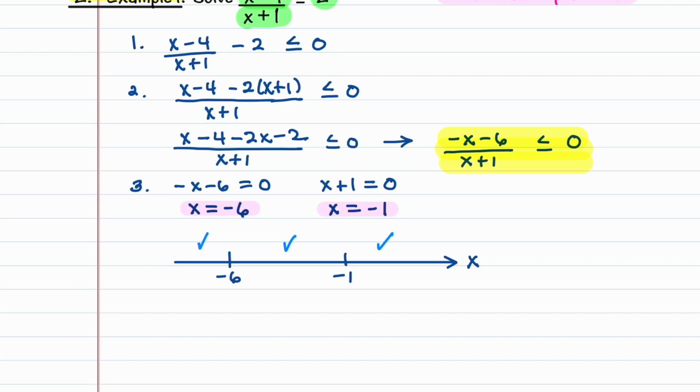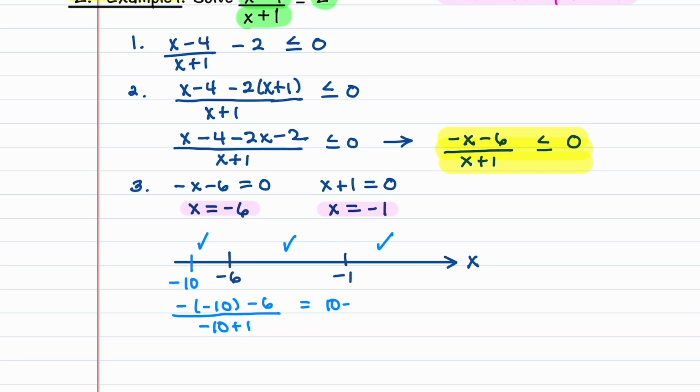I'm going to go from left to right, so I'm going to look at this region first, and I think a nice point to pick would be something like negative 10. Our inequality is highlighted in yellow, and that's what we're going to put negative 10 into. In the numerator, we have -10 - 6, and in the denominator, we have -10 + 1.